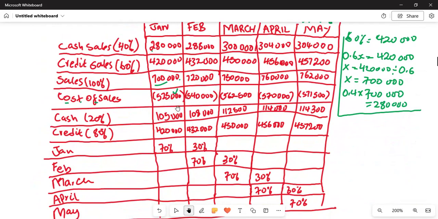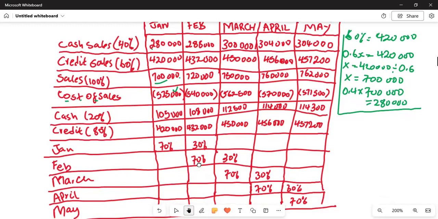Remember, cost of sales are in brackets because the business incurred some cost, which reduced the business revenues. So they are in brackets to show that they are going to be subtracted from total sales for us to get the profit that we were asked to calculate. So that is that.